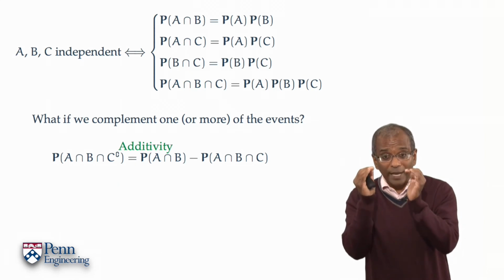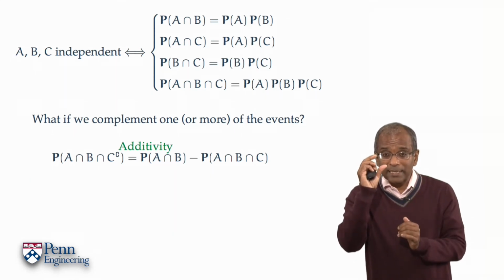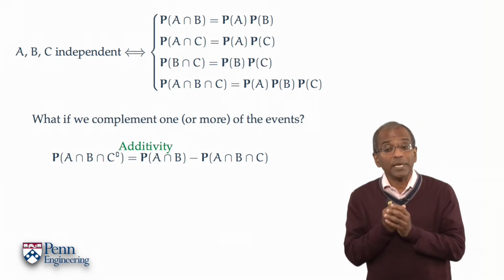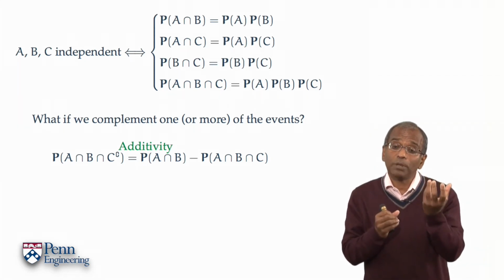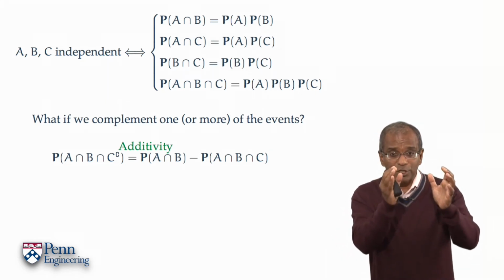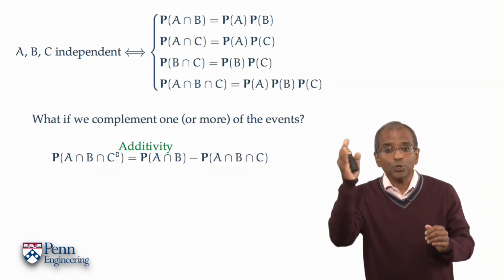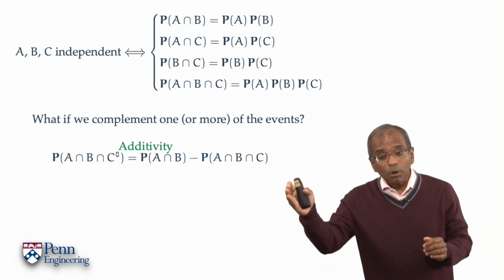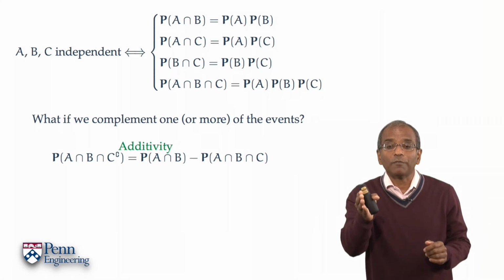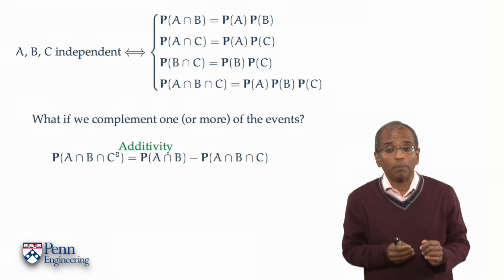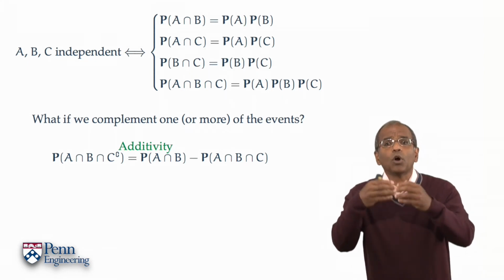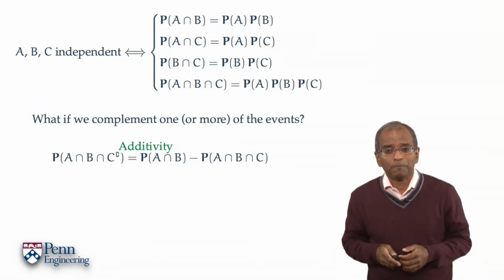That portion of A intersection B that lies in C, and that portion of A intersection B that lies in C complement. Additivity tells us that the probability of A intersection B can be decomposed into two pieces. That probability of A intersection B intersection C together with the probability of A intersection B intersection C complement. Move the second of those to the right-hand side and you've got the identity you see in front of you.